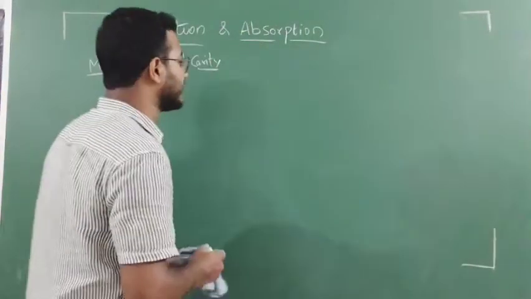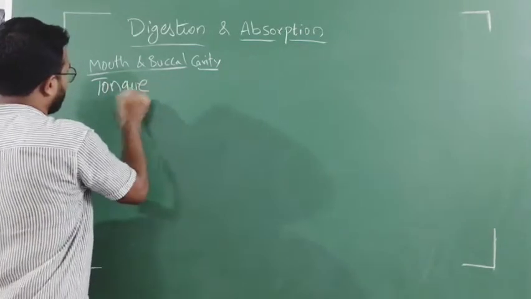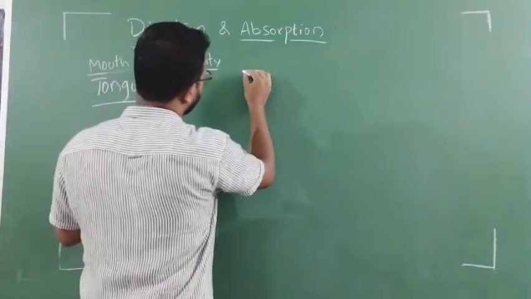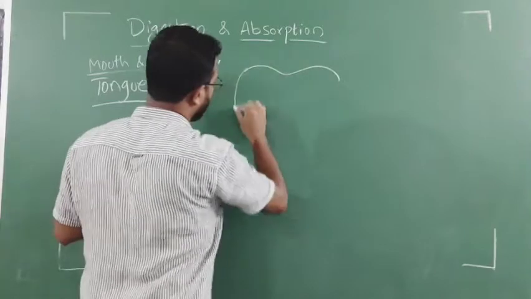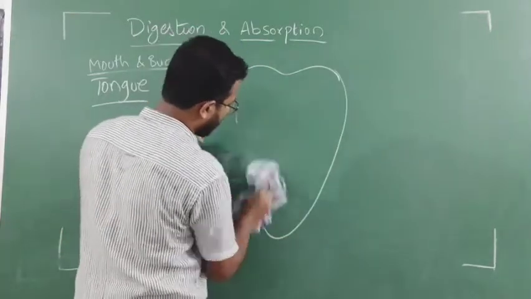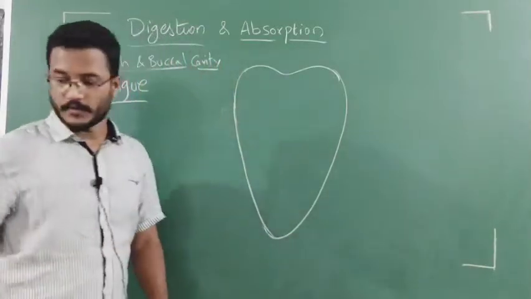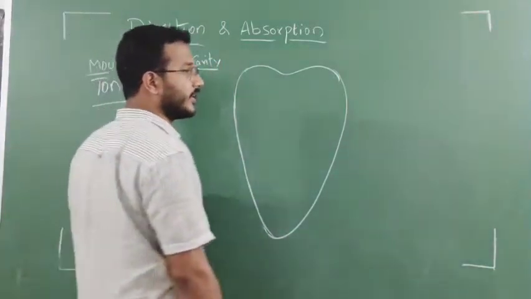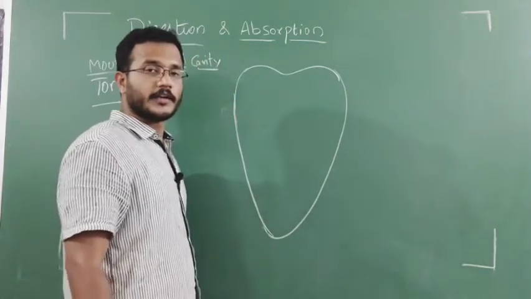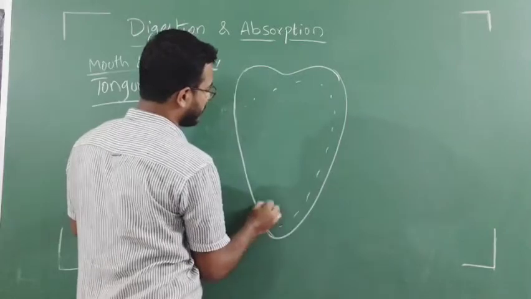Now we will discuss the tongue. This is how we have the tongue, and this is a muscular organ, and here we have the different taste buds.